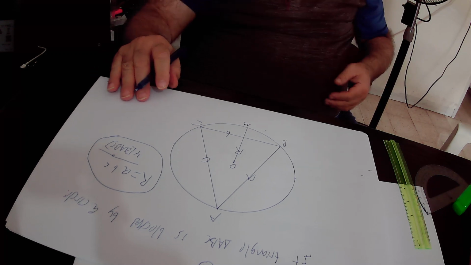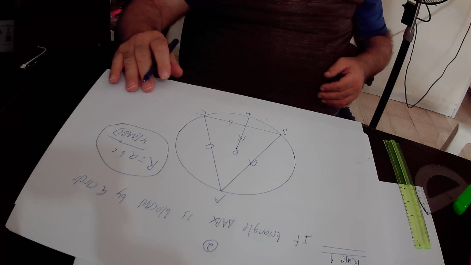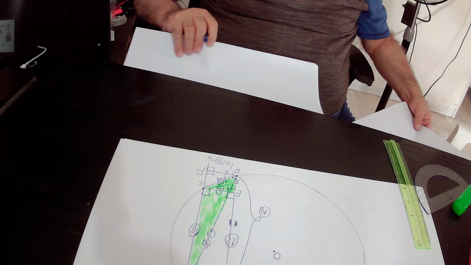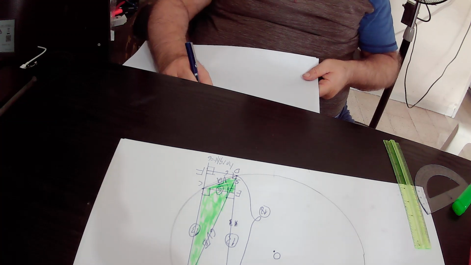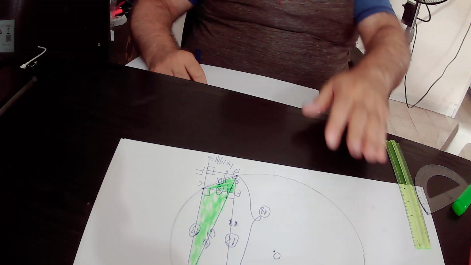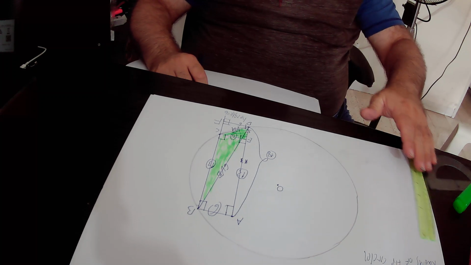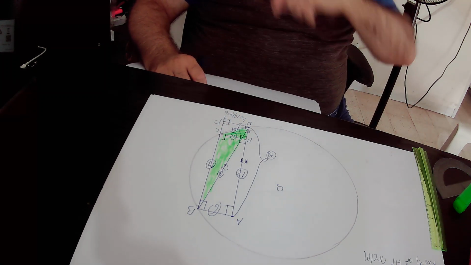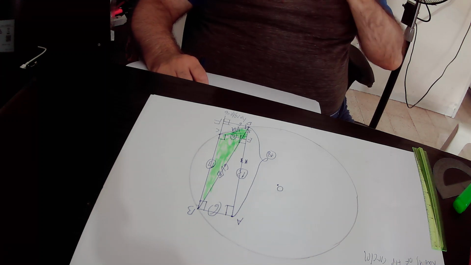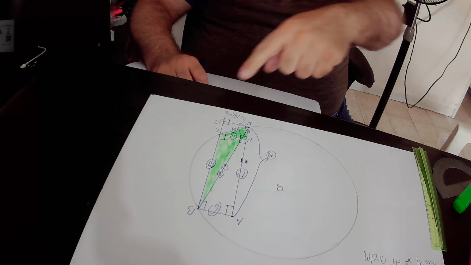So we actually can implement the new rule number 1 in our drawing. Why? Because in our drawing we have the green triangle BDC, and this green triangle BDC is indeed blocked by this circle. Why?